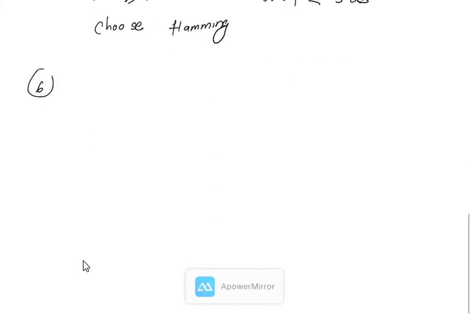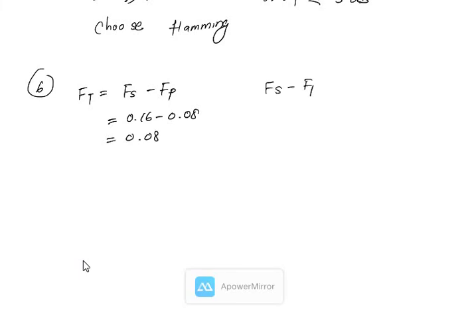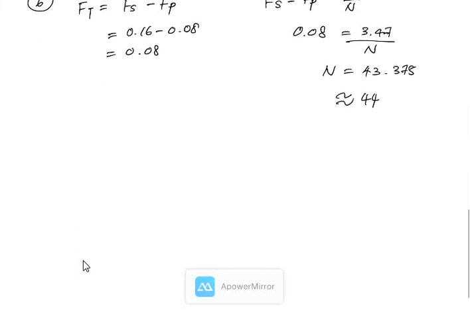Now we select the N. The Ft equals Fs minus Fp. Fs has a higher number, so 0.16 minus 0.08, which is equal to 0.08. And then Fs minus Fp equals C over N. This is 0.08 equals C, which is 3.47 from the table, divided by N. N is equal to 43.375, which is equivalent to 44.